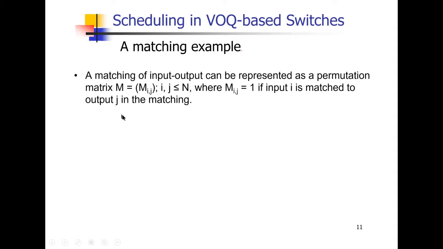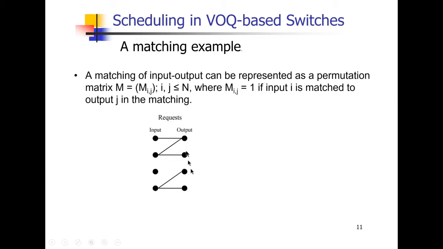The matching of input-output is actually a permutation because of the properties that we have already mentioned, and so it can also be written as a matrix where we have 1 if input i is matched to output j in the matching.